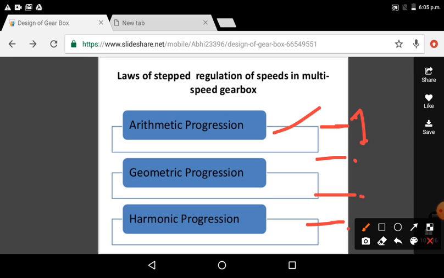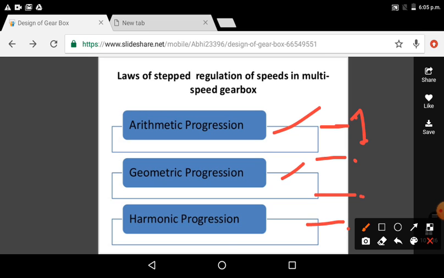Means the difference between all consecutive spindle speeds remaining constant is the condition of the arithmetic progression, right?